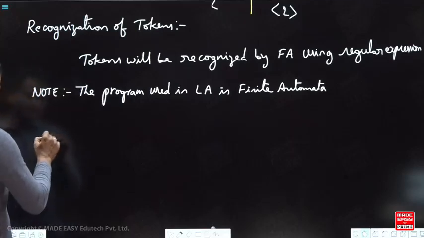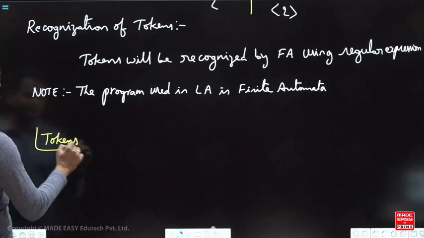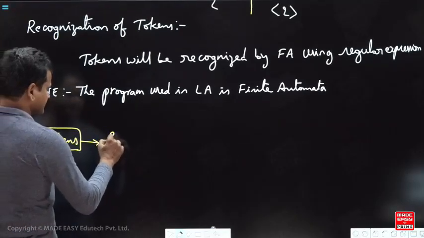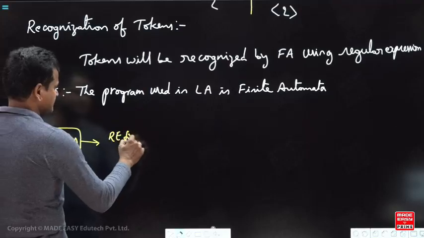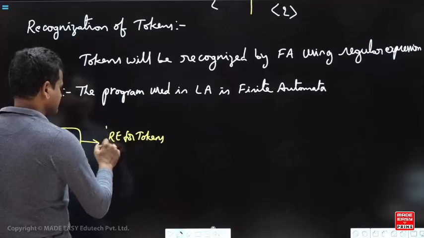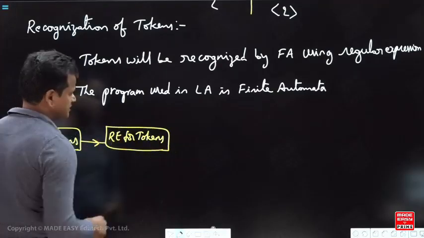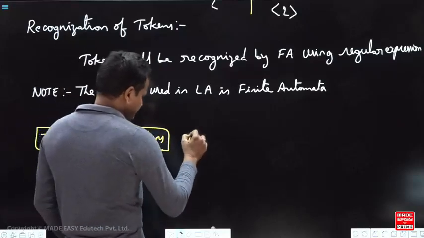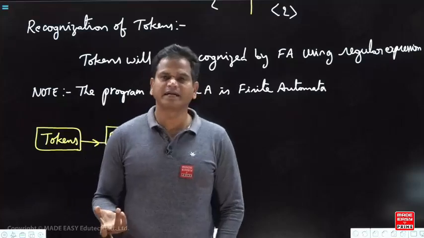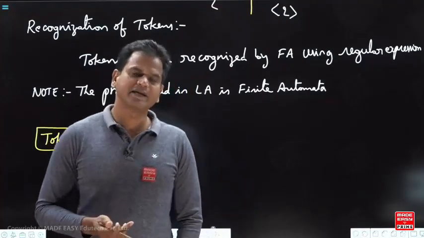So first, tokens will be constructed. For the tokens, a regular expression will be constructed. Whenever you have the regular expression, the best finite automata is the minimized DFA, deterministic finite automata.